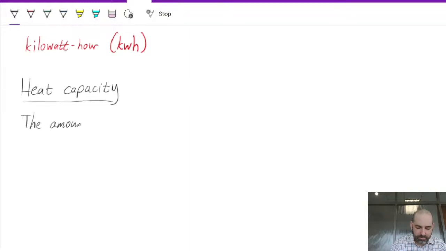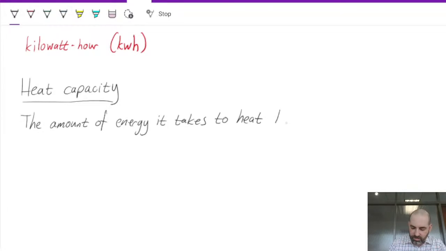It's the amount of energy it takes to heat 1 gram of a substance 1 degree C. So for water, the heat capacity is 1 because it takes 1 calorie to heat a gram of a substance 1 degree C. And so we get kind of a weird unit from that.